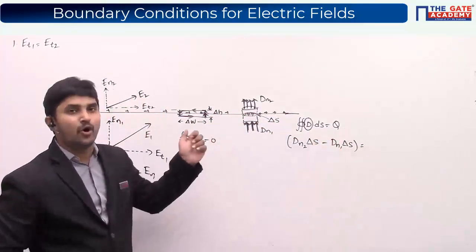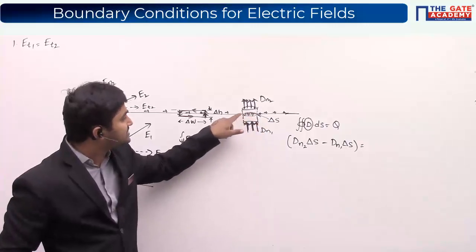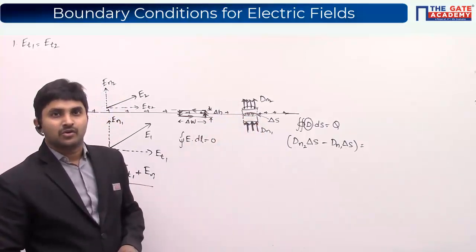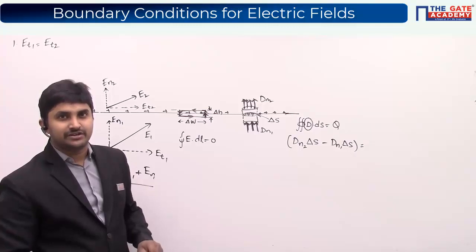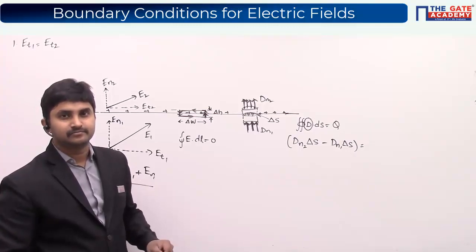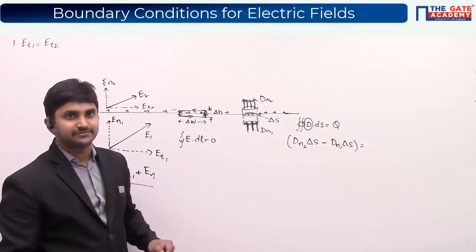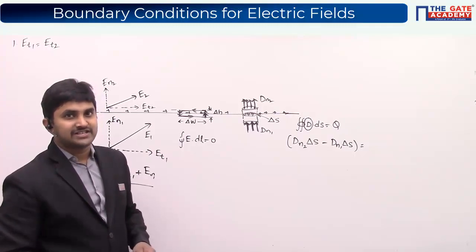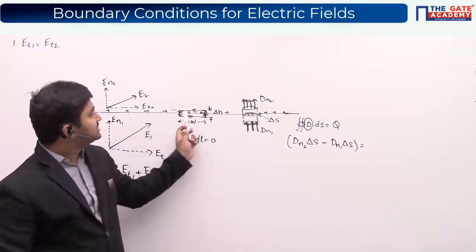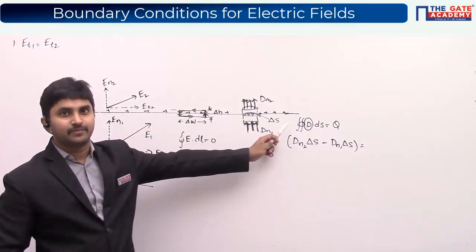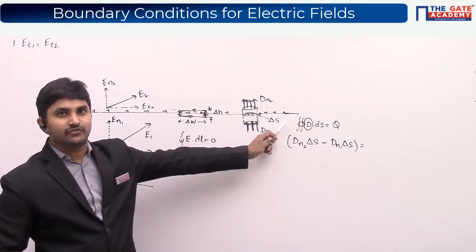Now, can you please tell me what is the charge enclosed by the surface? What should I represent my charge as? We have considered that it has a charge density of rho s.